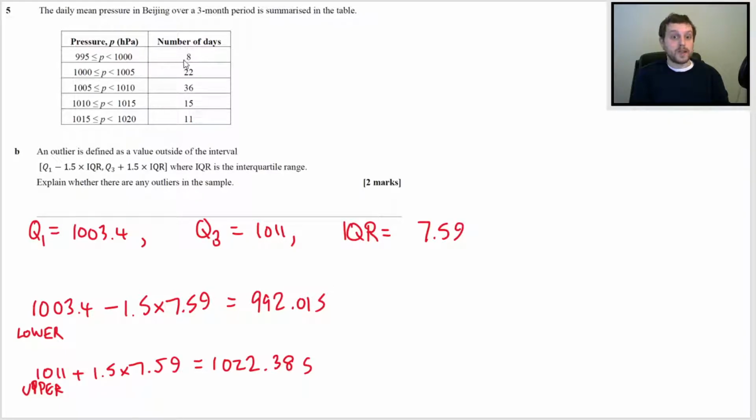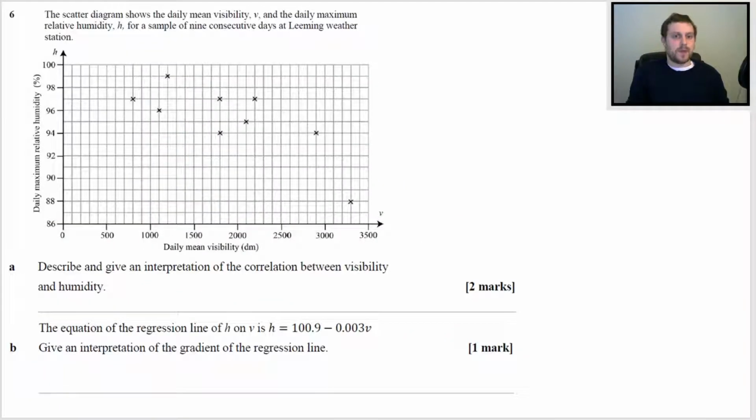Because the lowest pressure possible was 995, according to this table, and the greatest pressure possible was anything up to but not including 1020. So since these are out of the range of this table, we can conclude that there are no outliers. Okay, so that's question 5.